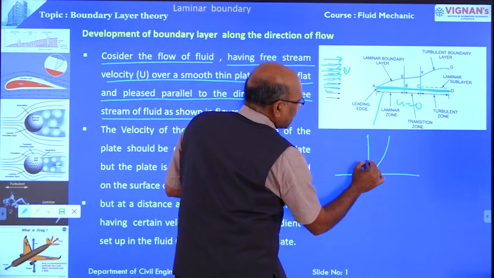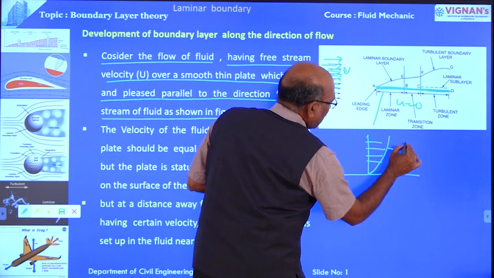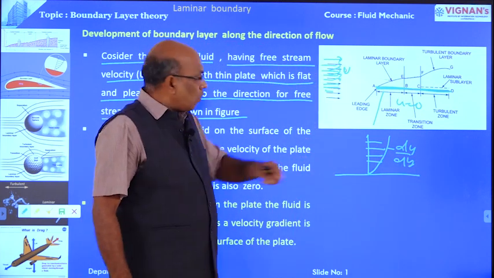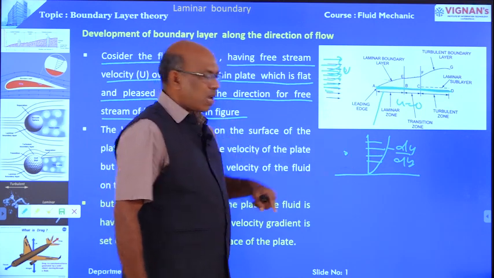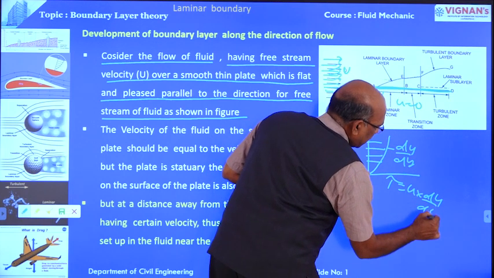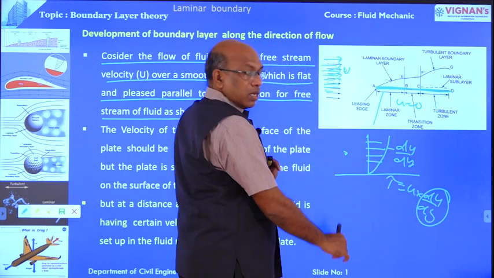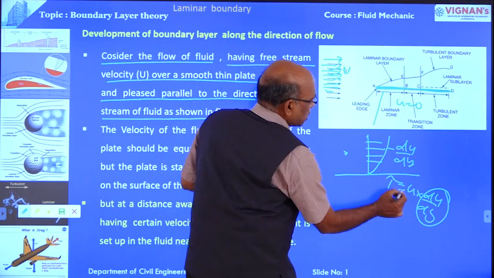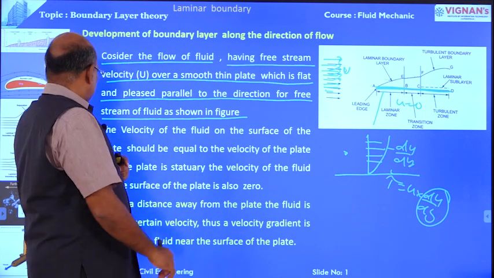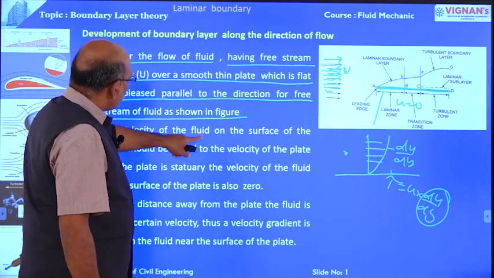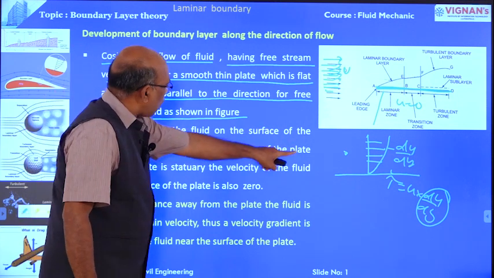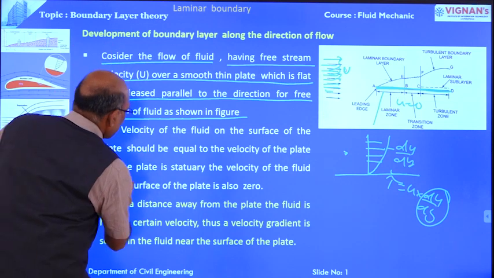Once the velocity increases, a velocity gradient develops. Du by dy exists. Once the velocity gradient exists, shear stress also develops: tau is equal to mu into du by dy. Then the velocity of the fluid on the surface of the plate should be equal to the velocity of the plate, but the plate is stationary.